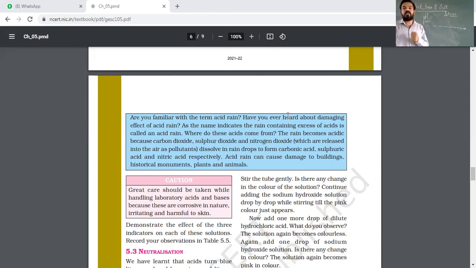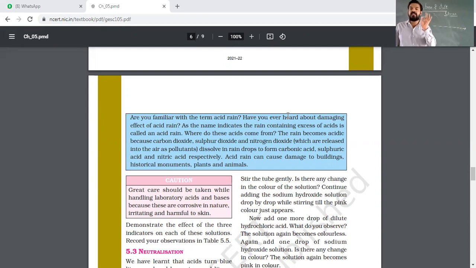But the big issue is whenever we want to touch the substance, whenever we want to add our finger. Suppose I want to add my finger in acid, what is going to happen? That depends on the acid. If it is very concentrated, how do you find out the acid is concentrated?